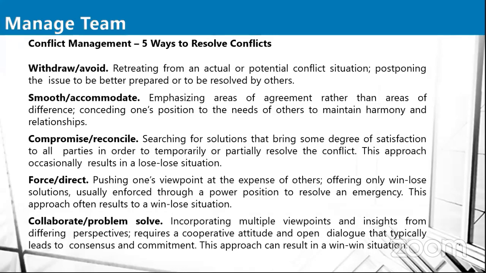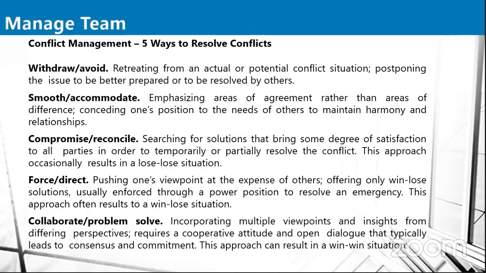The first way is to withdraw or avoid. A conflict has come up, and you withdraw and avoid it. You know the effect of when you withdraw and avoid: you don't resolve that conflict. It means retreating from an actual or potential conflict situation, postponing the issue to be better prepared or to be resolved by others.